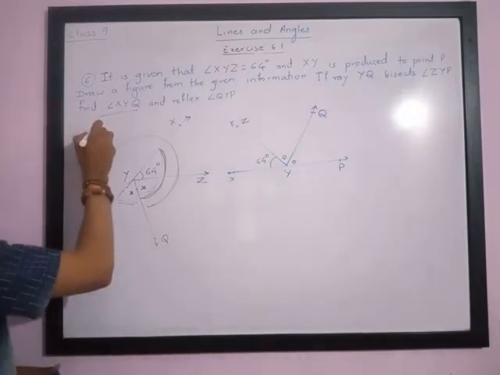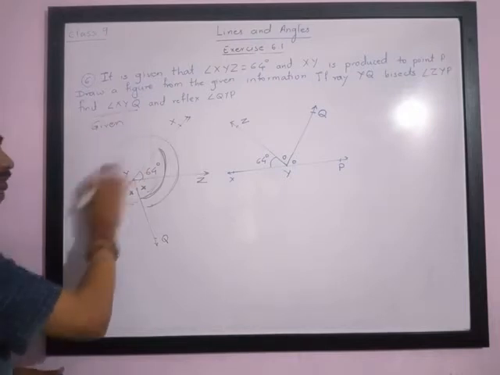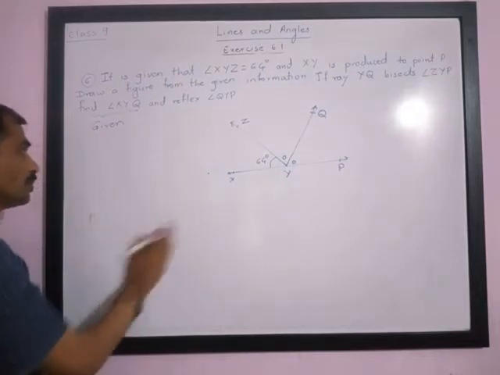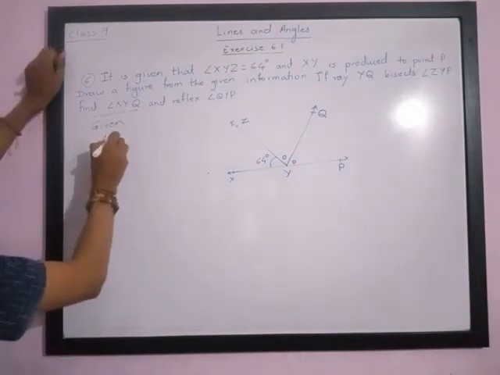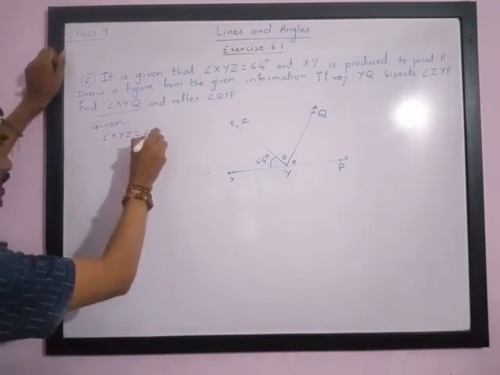So let us write the given things. Given: angle XYZ is equal to 64 degrees.